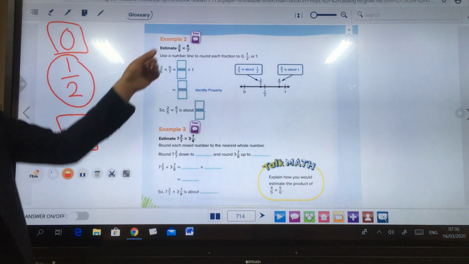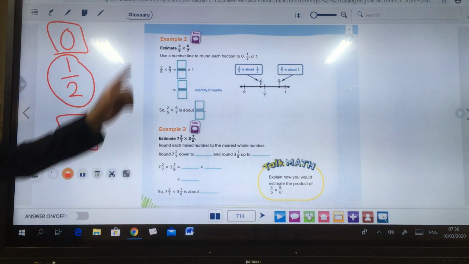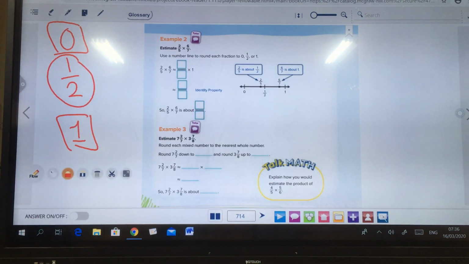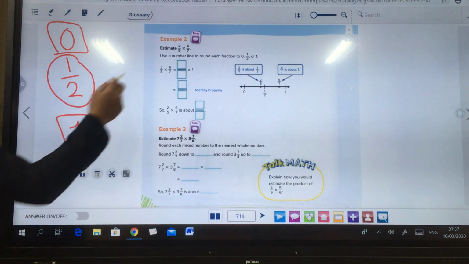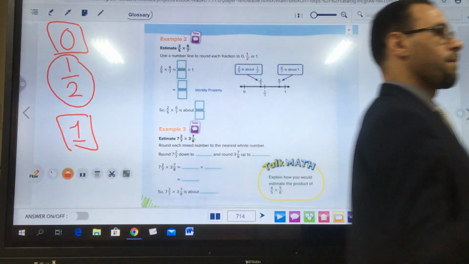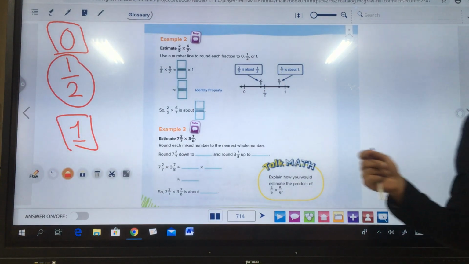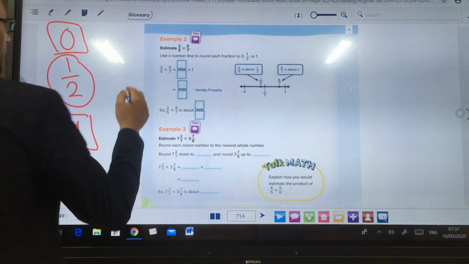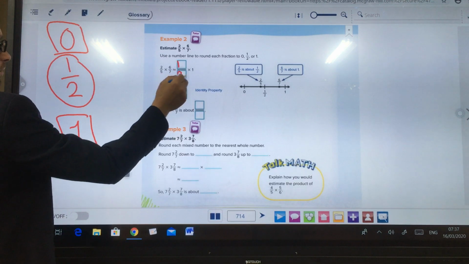I have 2 out of 5, closer to what? 6 out of 7, closer to what? As we see here, 2 out of 5 is closer to... yes, Abdullah? Yes, it's closer to 1/2. So I'll write 1/2 here.